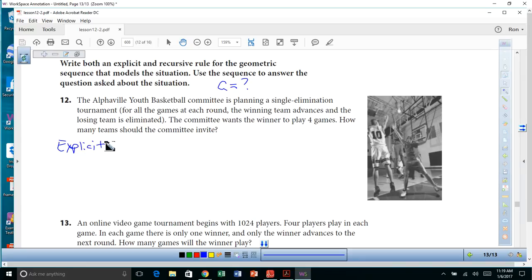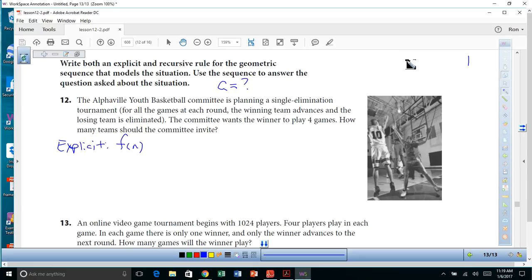the explicit, that'll be f of n, and at the very end, you're wanting 1, and then before that, it's got to be 2 teams, right? And then before that, it has to be 4 teams. So, let's see here.